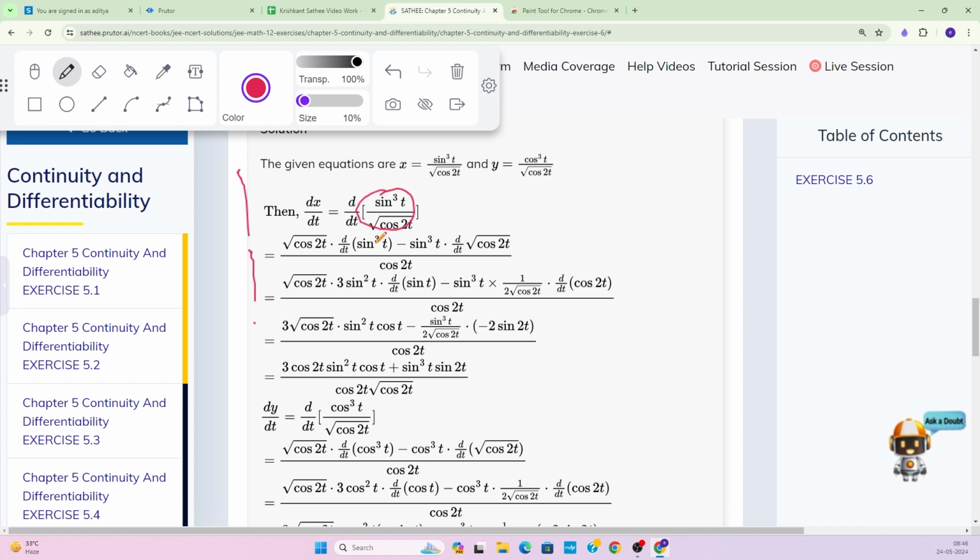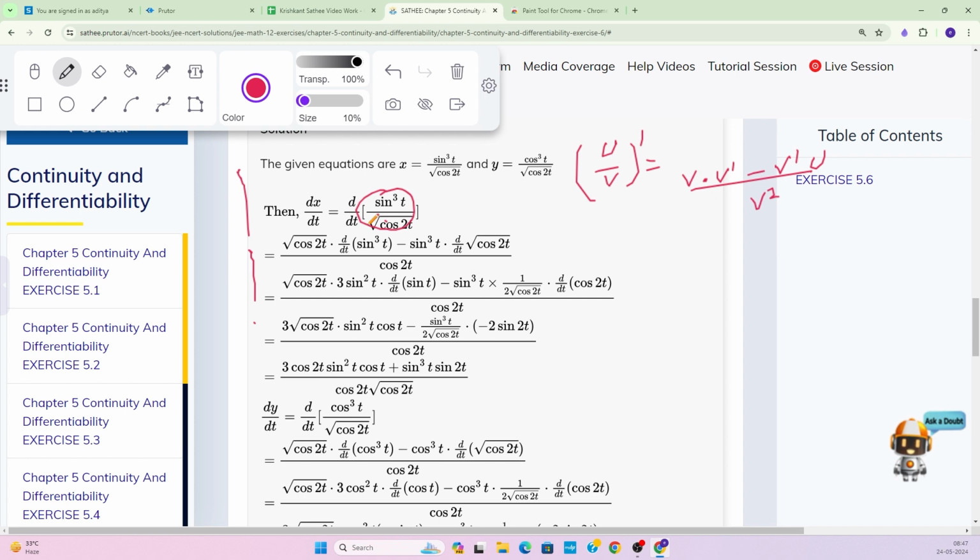After differentiating, we are using the quotient rule: the derivative of u divided by v is the denominator multiplied with the derivative of the numerator, minus the derivative of the denominator multiplied with the numerator, all over the square of the denominator. This thing we will be using.